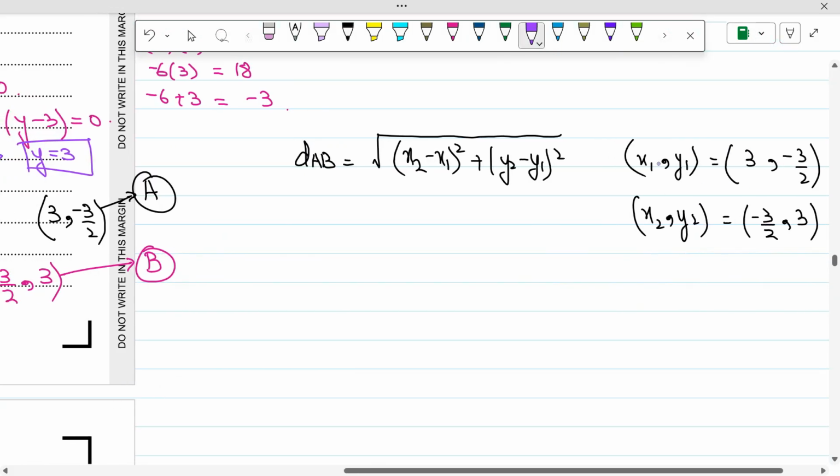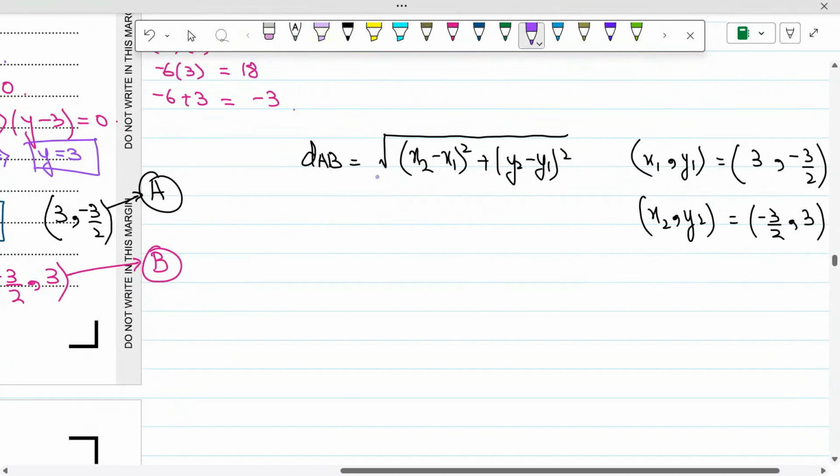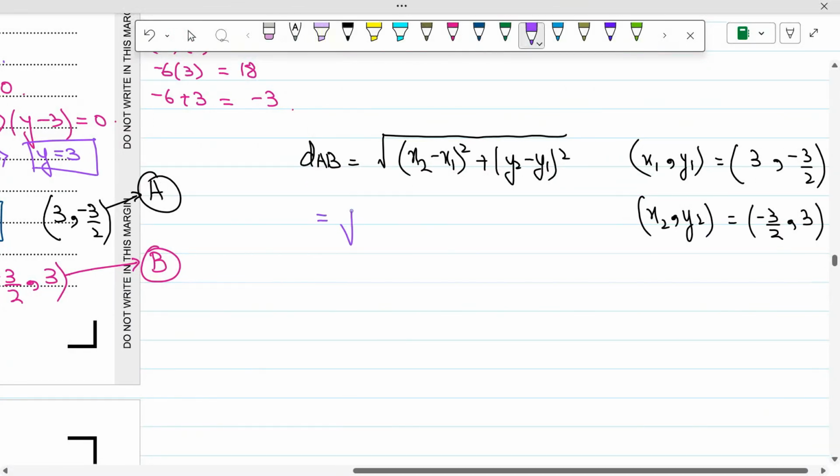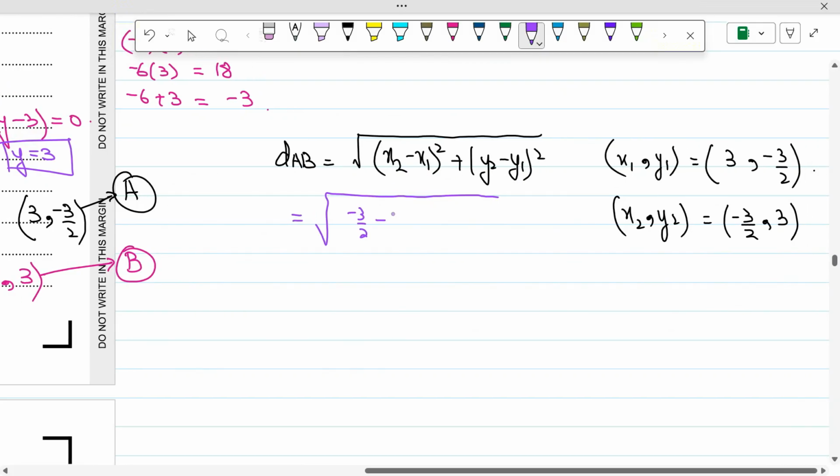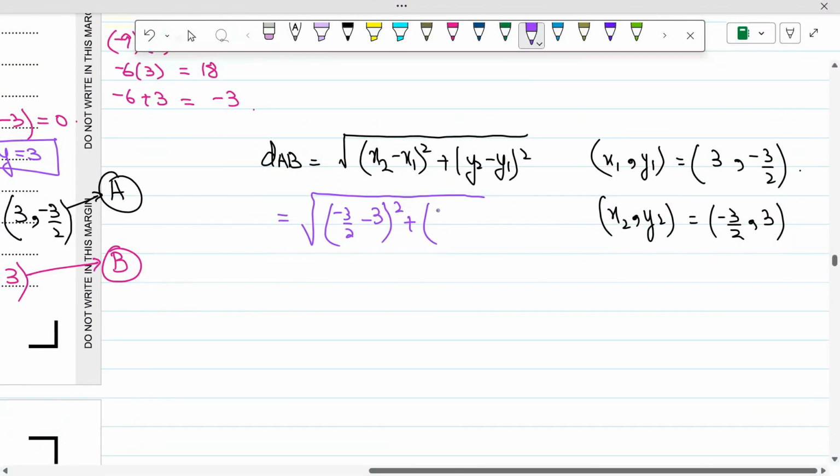Plugging the values into the distance formula, we have x2, negative 3 over 2, minus x1, which is 3, whole squared, plus y2 minus y1, meaning 3 minus negative 3 over 2, whole squared.